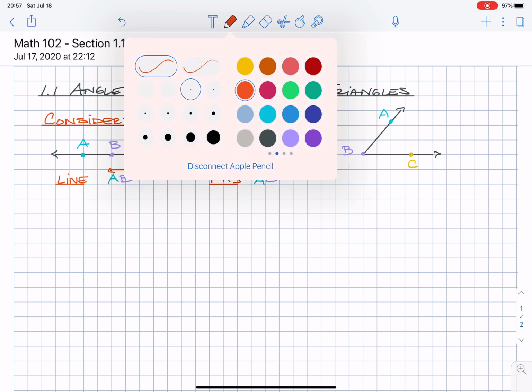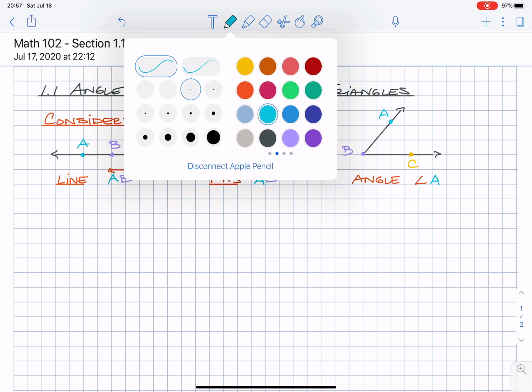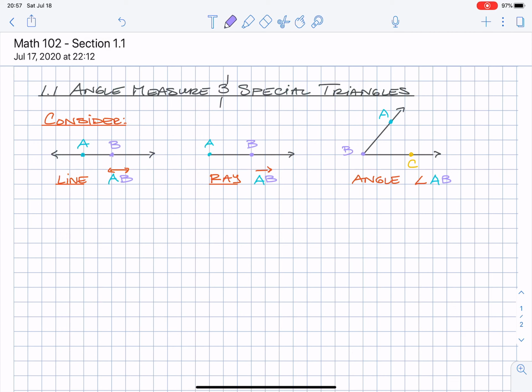So this is called angle ABC, which we annotate with a symbol that looks like a small L. Then we put ABC, meaning we go to A, then to B, and then to C. The most important thing is that the corner B is in the middle.